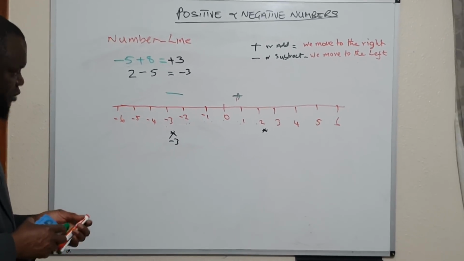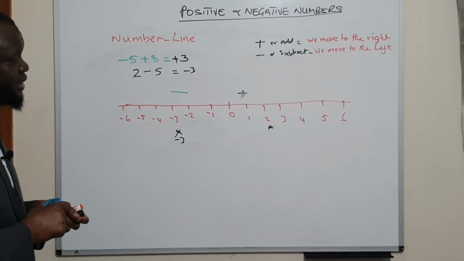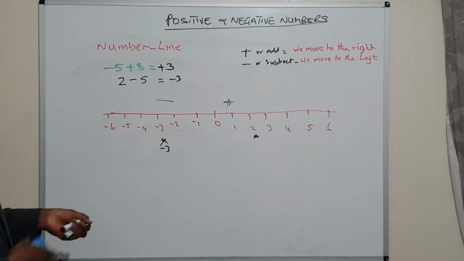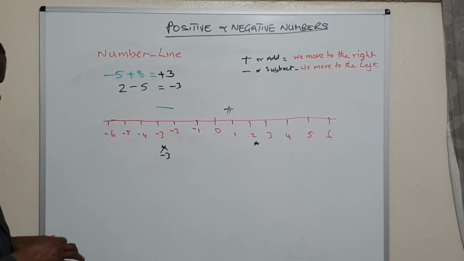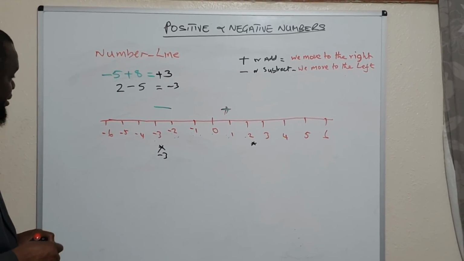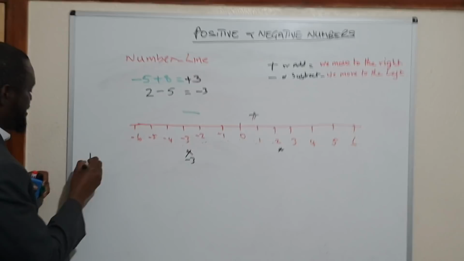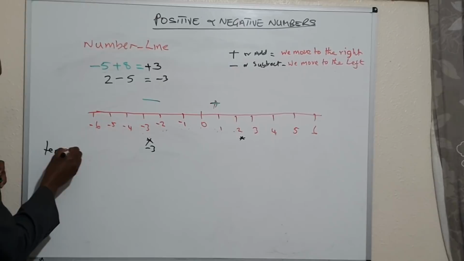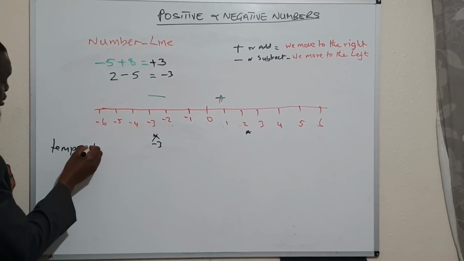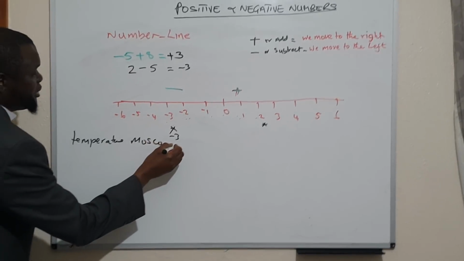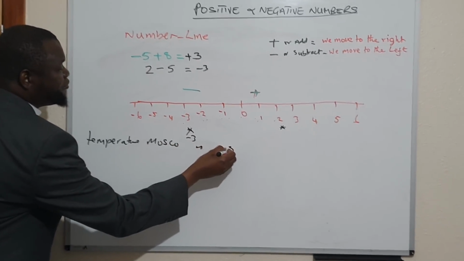Yes. But why we teach you all, they can bring it in the number line. They can use it like this. They said the temperature, let's say, the temperature in Moscow is minus 5 degrees.